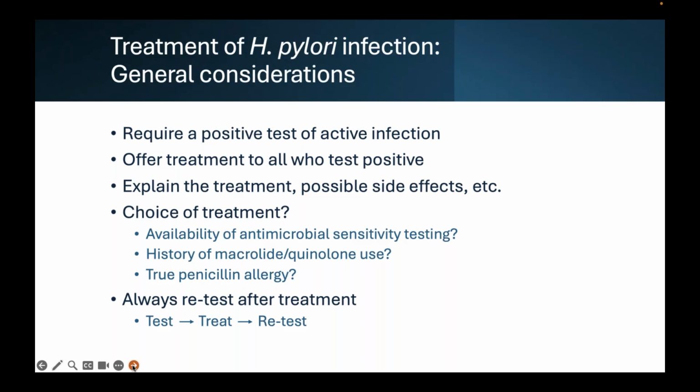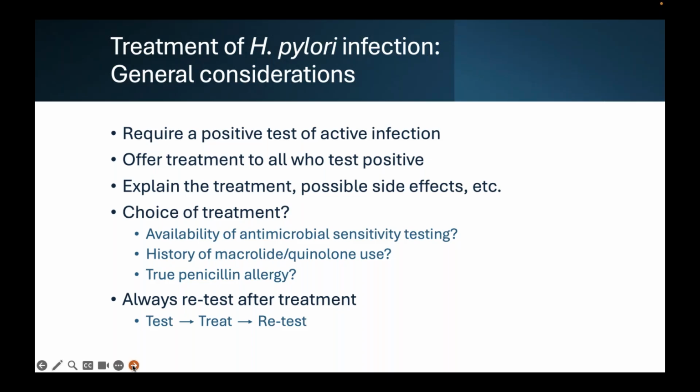We should certainly determine whether the patient has used a macrolide or a quinolone antibiotic for any reason in the past. And if they have used a macrolide, then we should not use clarithromycin to treat the infection. And if they have used a quinolone, we should not use levofloxacin to treat the infection. A number of adults in this country say that they are allergic to penicillin.